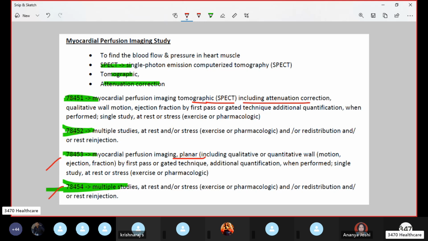Okay, so please go and check the codes 78451, 52, 53, 54.